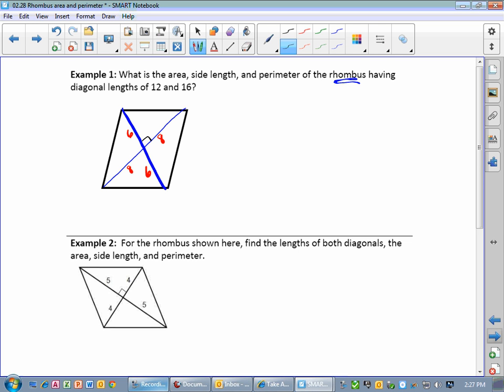And so this corner up here is actually, if I move it over, a right triangle. And so I've got 6 and 8. And the side length would be that side x. So what can we use to find that missing side in the triangle? So x equals the square root of 6 squared plus 8 squared.